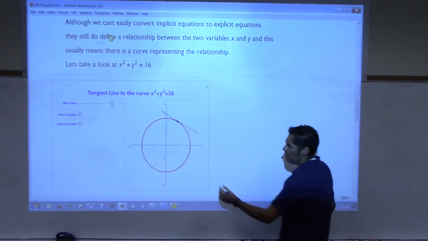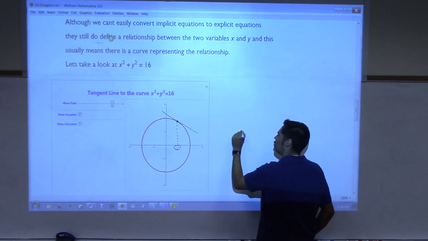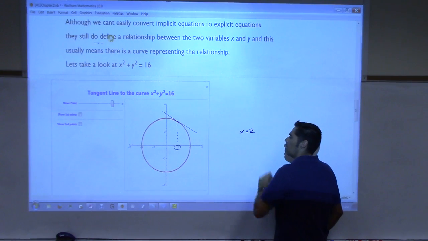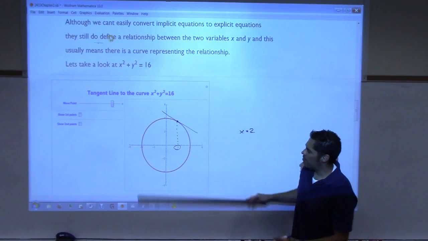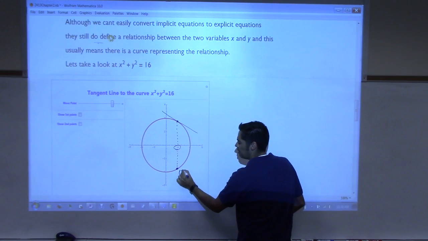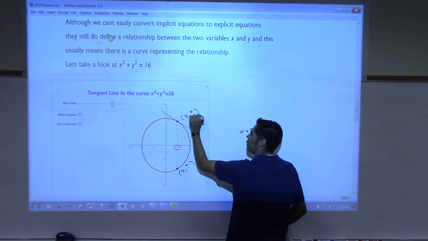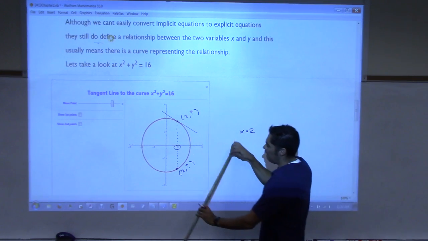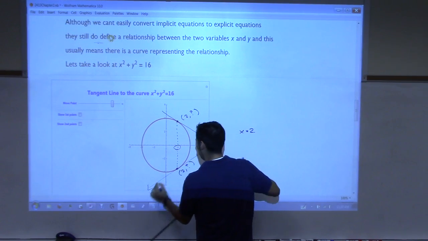So it looks like if I choose my x value here to be 2, I know that's hard to see, but if my x is 2, I do have a tangent line, don't I? But there's another one down here, because there's another point that corresponds to 2, right? This is 2 something, question mark. This is 2, and then the y coordinate is something else, right? And so if x is 2, I get 2 tangent lines.